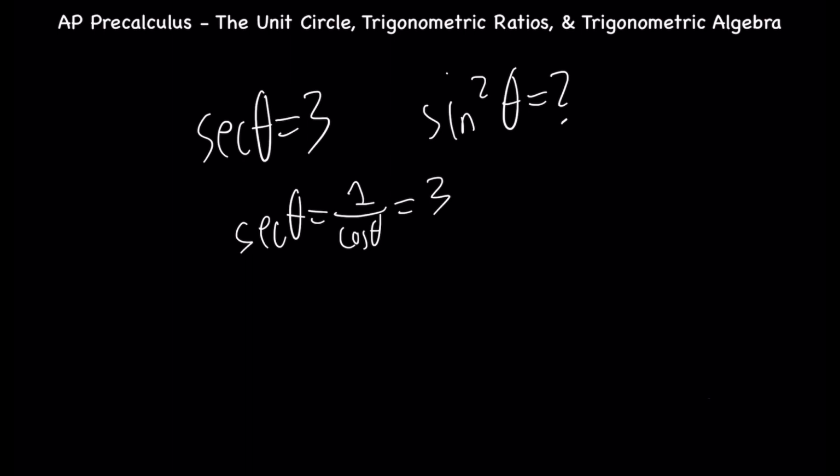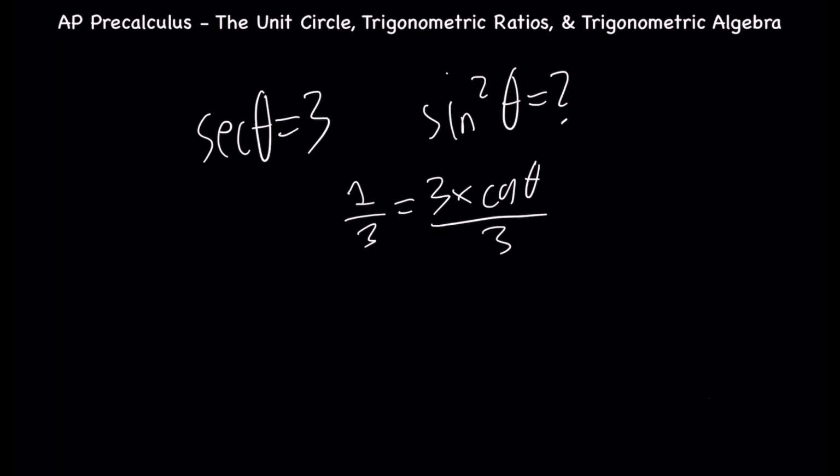One thing leads to another, and you will find out that when you have this together, you can multiply cosine theta on both sides, divide 3 on both sides to derive cosine theta, because you will need to know what cosine theta is in order to solve for sine squared theta in this problem.